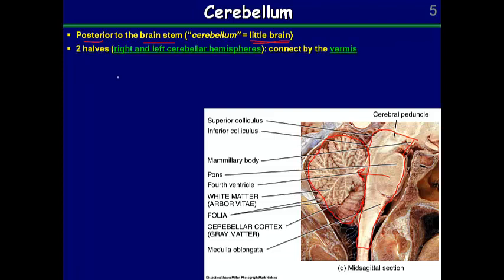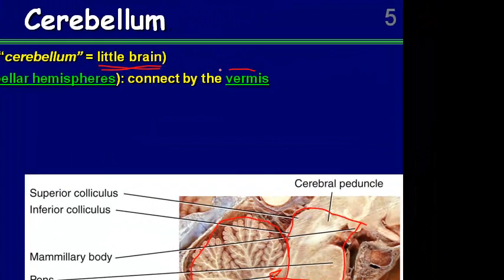The cerebellum can be divided into two, so it has two cerebellar hemispheres, a right and left cerebellar hemisphere. And if you were to cut right down the middle of the cerebellum, you'd be cutting through what's called the vermis. The vermis is the middle portion of the cerebellum. It connects the two hemispheres together, the right and left hemisphere.